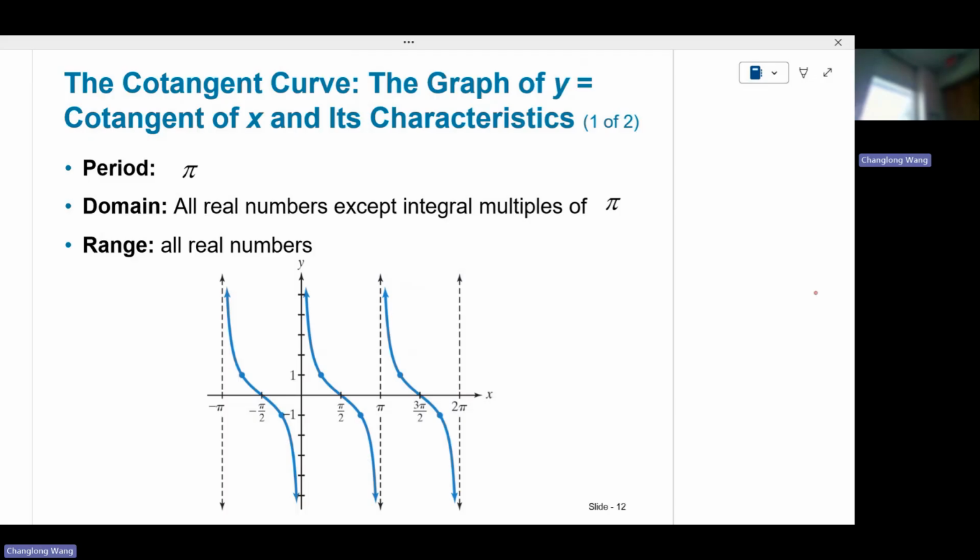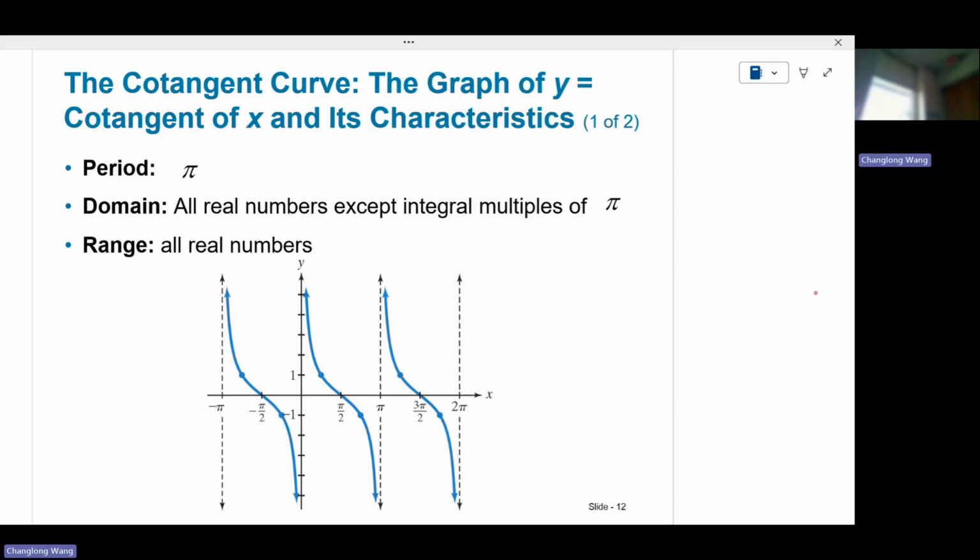The shape is the same, the period is the same, right? And also, it does have VAs. It does extend, right, to positive infinity, negative infinity. That means all real numbers for the range, right?